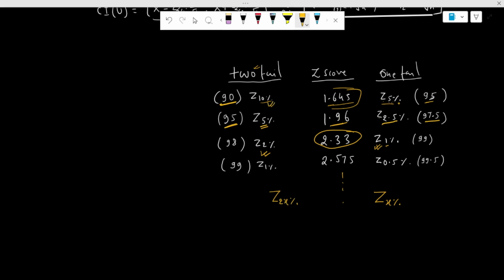Depending on the alpha level as well as whether we have a one-tail or two-tail confidence interval, we can plug in either the z score or the t score, and we can calculate the confidence interval of the population mean when we know the variance of the population or when we don't know it.